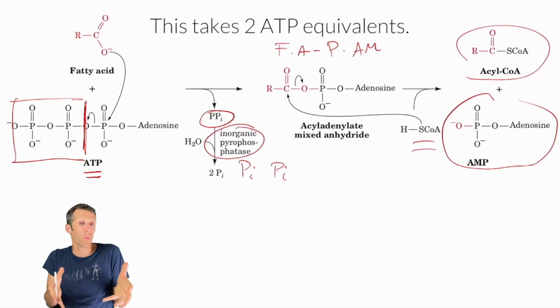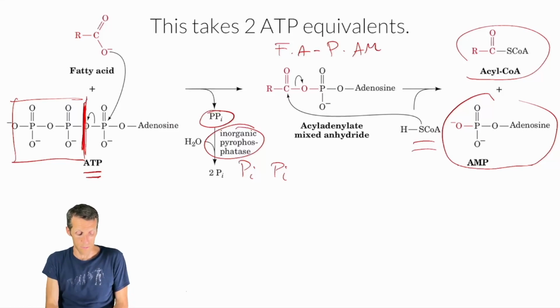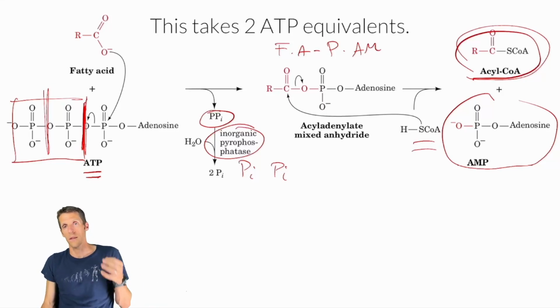Breaking that bond is almost the same as breaking a normal bond, say, between an ATP and an ADP, breaking out that one inorganic phosphate. So effectively, we burned two ATPs to do this, right? We broke this bond and then we broke this bond sequentially. Cells use that two ATP equivalent to make this new high energy bond between the acyl and the coenzyme A.